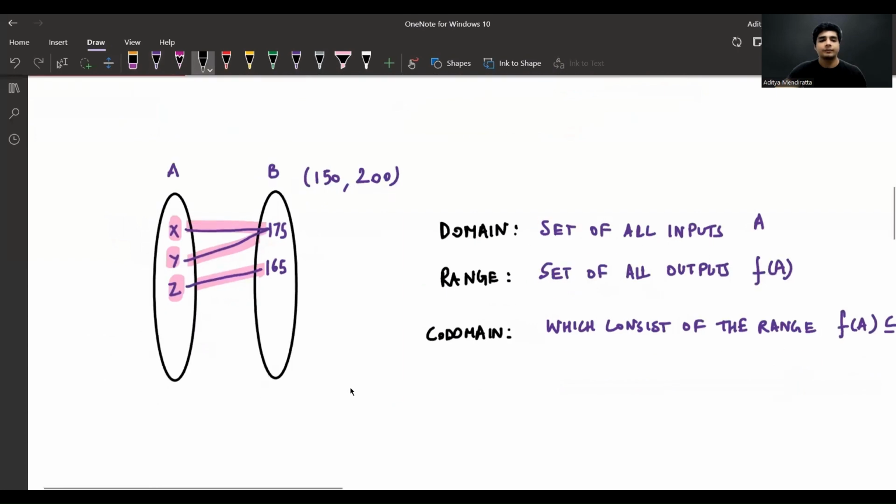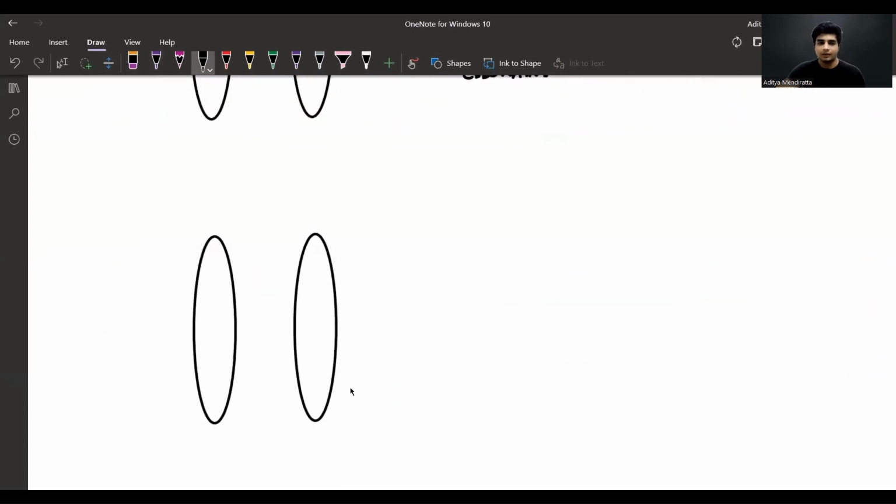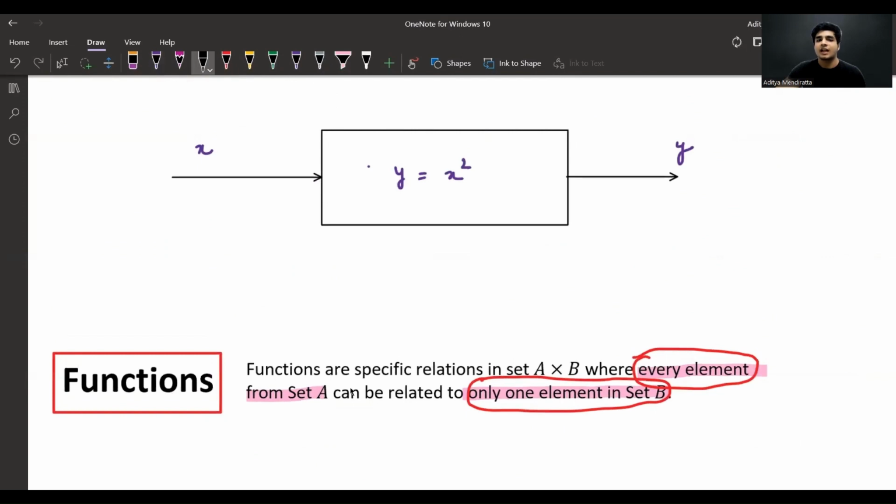Now, moving forward, let's take one more function, G. This function G has the domain to be Z, and the codomain to be R. This function G is defined for all inputs x from Z to be x square, our original specific relation in hand.